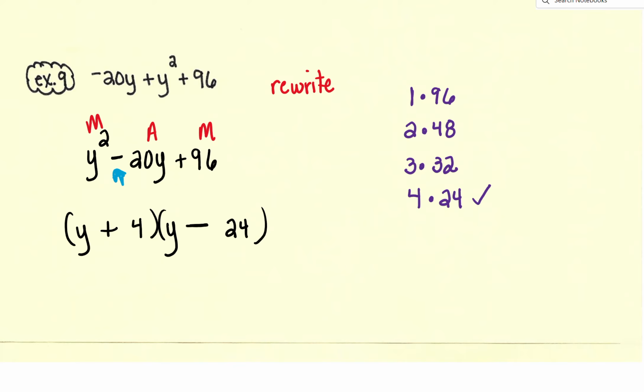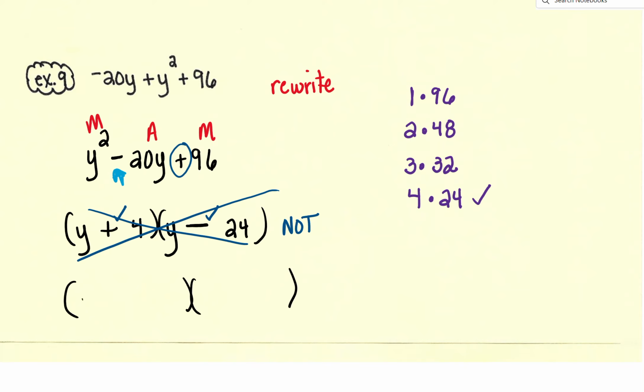And so I'm thinking, yeah, I got what I need for the middle term, a negative 20. But this is one of those ones I told y'all I got to be careful on. A positive times a negative does not give me a positive 96. So this does not work. It's one of those you have to watch out for. So let's try again. So it's still y and y. Let's go back over here to the drawing board and think what things can multiply. We said 4 times 24, 6 times 16, but that won't do it.